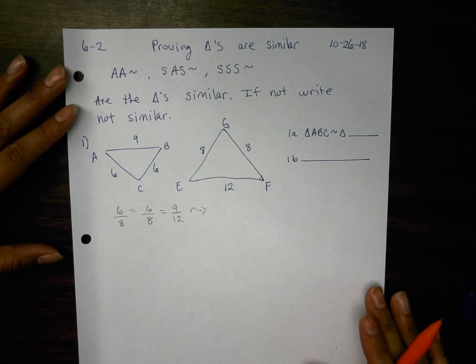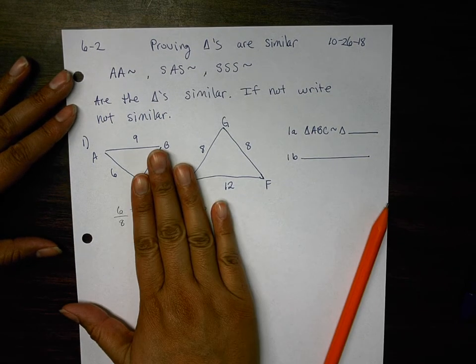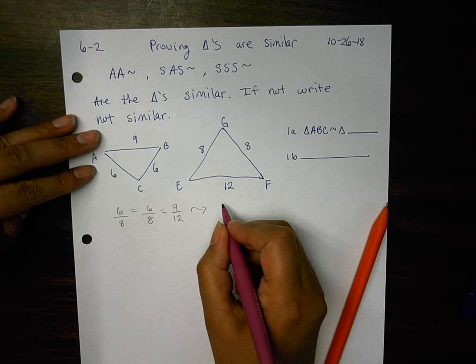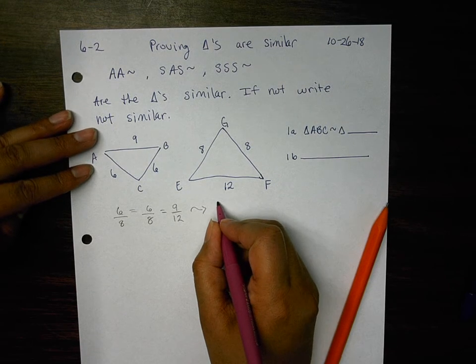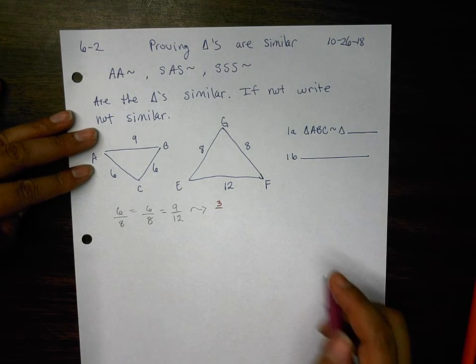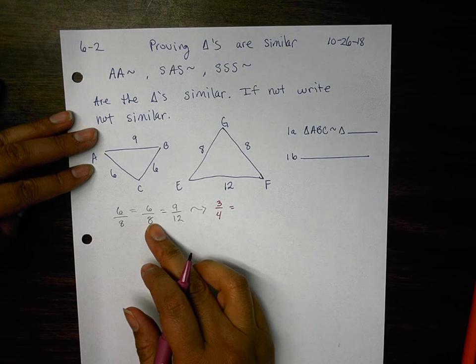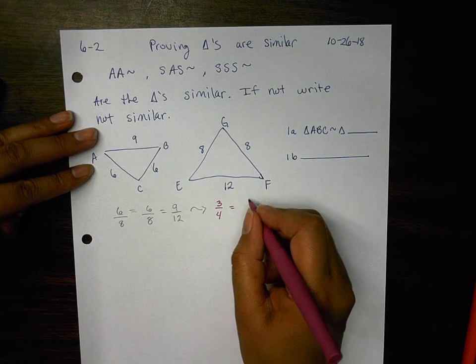Let's start with the 6/8. What divides into 6 that can also divide into 8? 2. What's 6 divided by 2? 3. And 8 divided by 2? 4. All right, the second 6/8, should that reduce to the same thing? Yes.